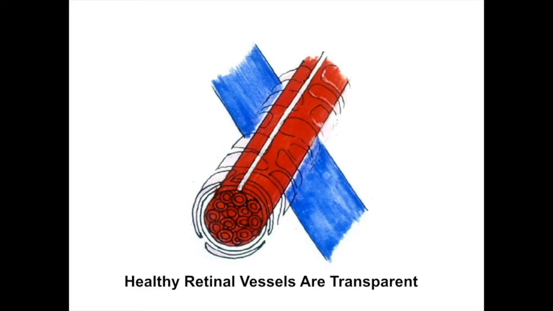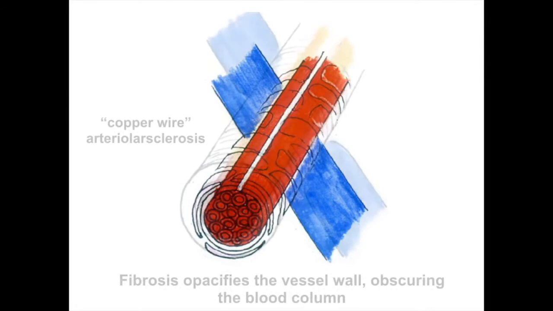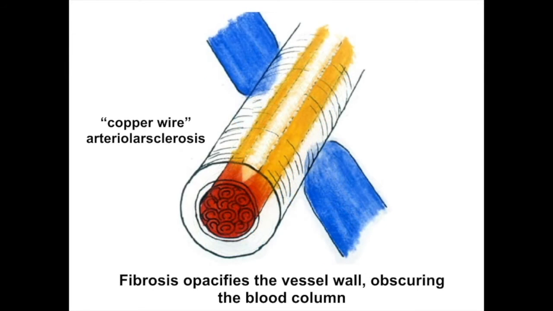If you develop arteriosclerosis, the fibrosis in the vessel wall opacifies the blood column, and this leads to the appearance of copper wiring. It also blocks the underlying veins, and this is one of the causes of AV crossing defects or AV nicking.